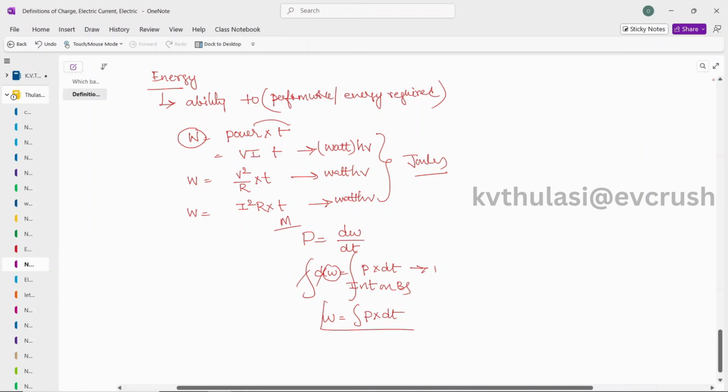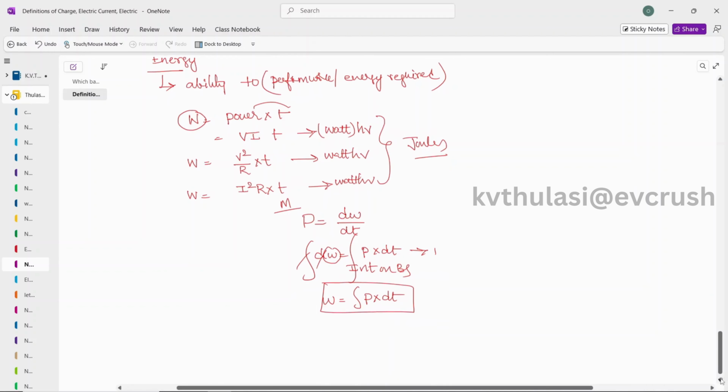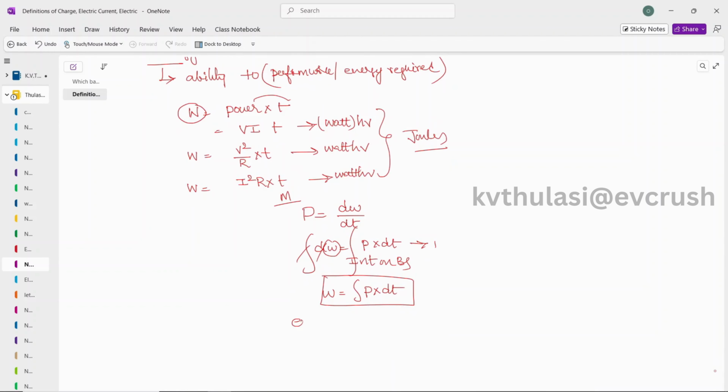So the units of energy is joules, which is power into time. Here the unit of power is watt, the unit of time is hour, so the ultimate unit of energy we can call joules or watt hour.